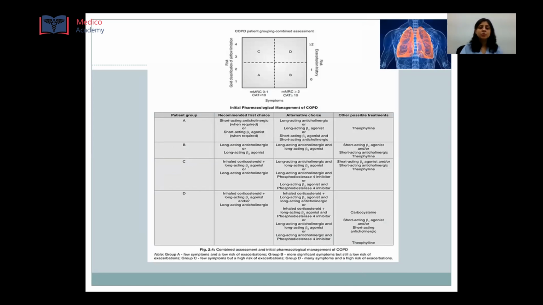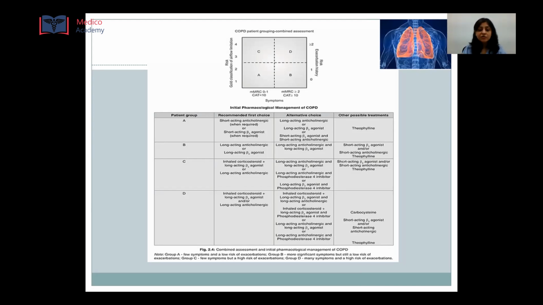So in these 2 groups, the recommended first choice of treatment are your short-acting anticholinergics or short-acting beta-2 agonists, and in group B, long-acting anticholinergic or long-acting beta-2 agonist. And as an alternative, we can add whatever is not being used in the first choice, the second option to that. And the other possible treatment is again theophylline if these 2 don't act.